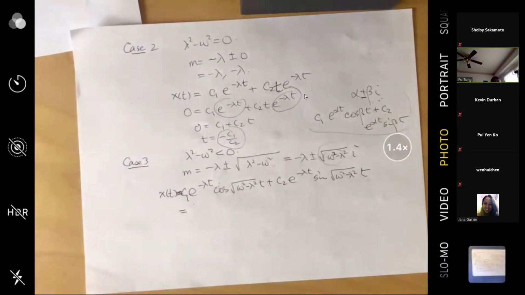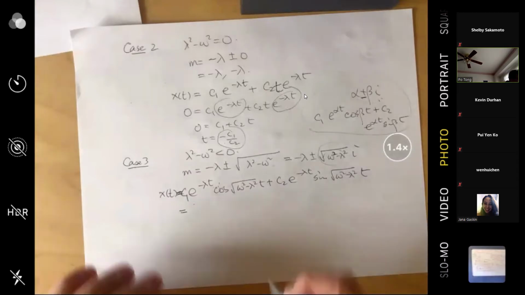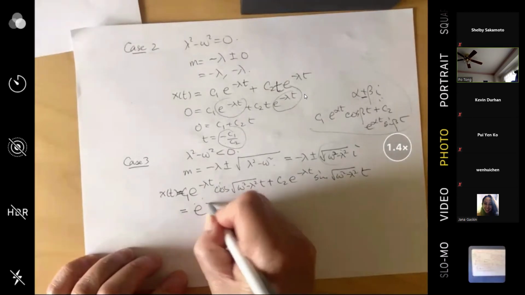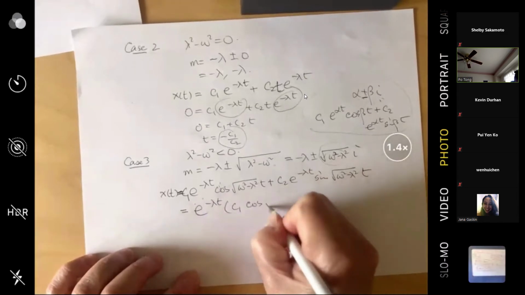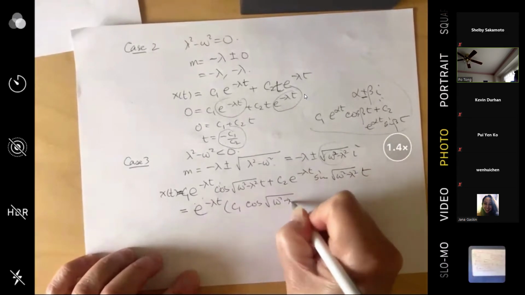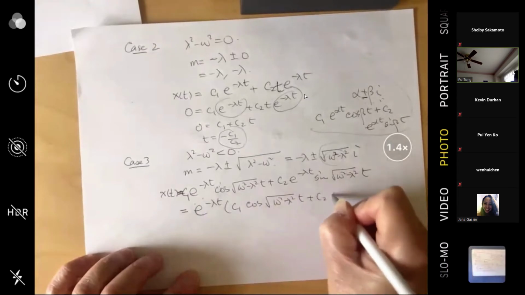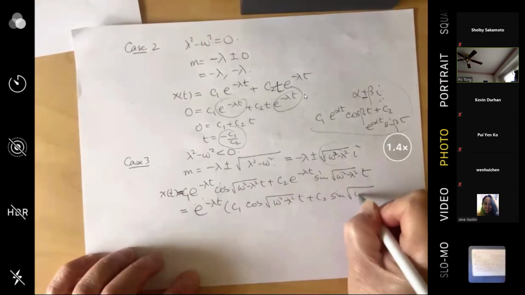Is it okay? You guys still following? These can be taken, the e to the power minus lambda t out. Then you have C1 cosine this plus C2 sine this guy.